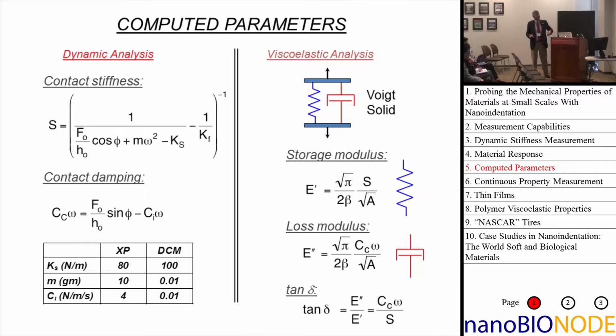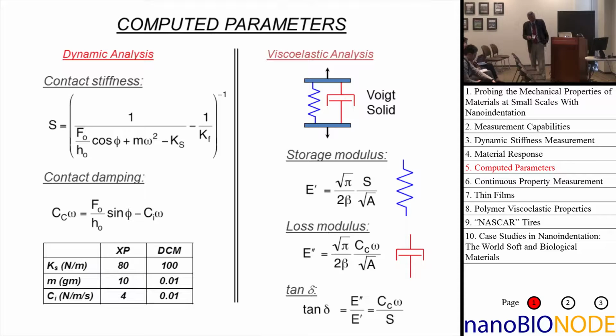But if you get the machine constants out, then what is normally done is to assume that the material is behaving as a void solid through a simple viscoelastic analysis. So this is now the material response. You can relate the storage modulus of the material to the measured contact stiffness corrected for machine constants.